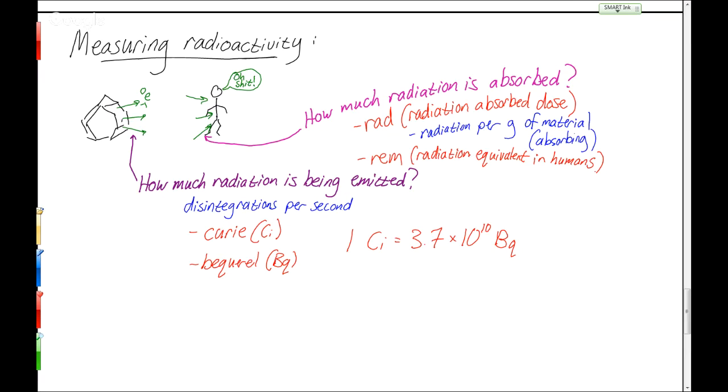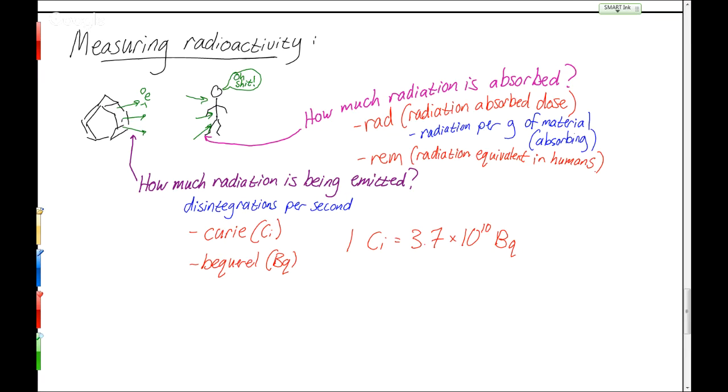So not just how much is being absorbed by generic unnamed stuff, but what risk is it to humans? And the corrections in this factor are for things like the fact that alpha particles are big, and that makes them much more damaging than the smaller particles. So when an alpha particle hits you, whatever it's hitting is really absorbing more radiation, if we're really talking about the energy that it's absorbing, than if something else hits it.